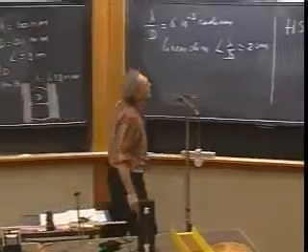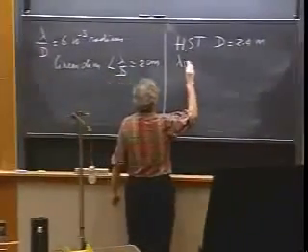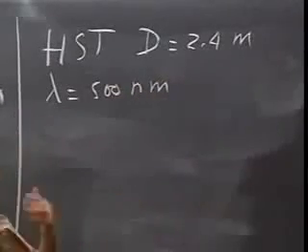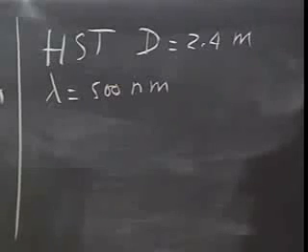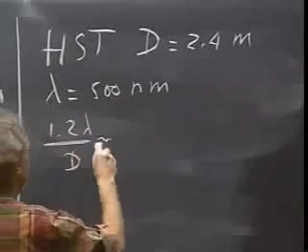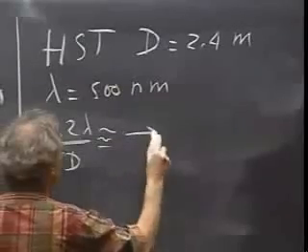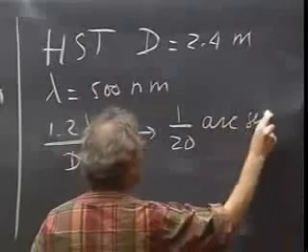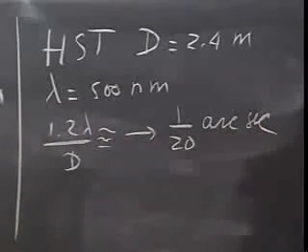And so that means if I take an average wavelength of the optical spectrum of about 500 nanometers, I realize that it goes all the way from 400 to 650, but if I take this as a representative wavelength, then 1.2 times lambda divided by d translates into about 1/20th of an arc second. That is an incredible resolution. 1/20th of an arc second.